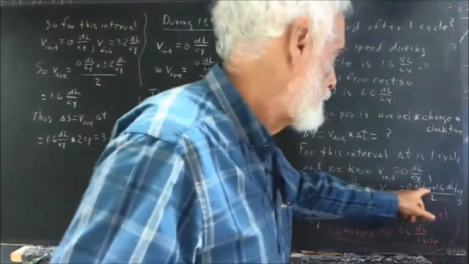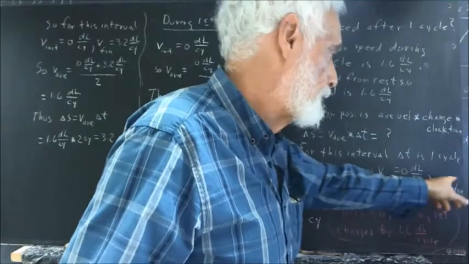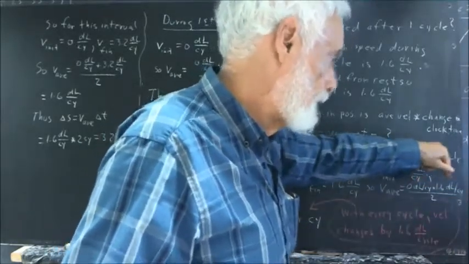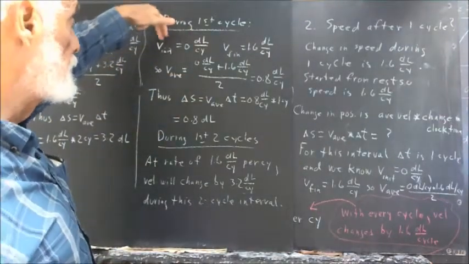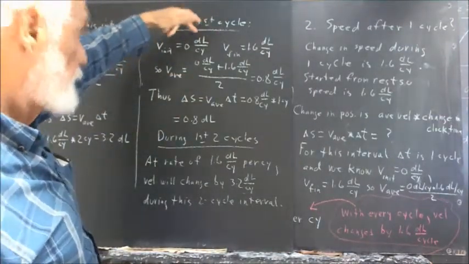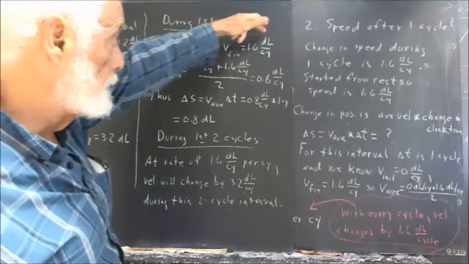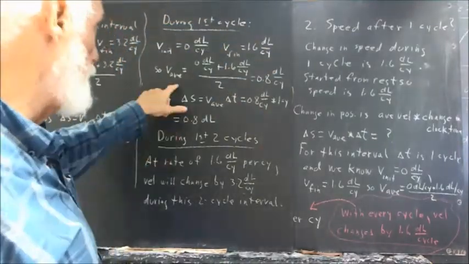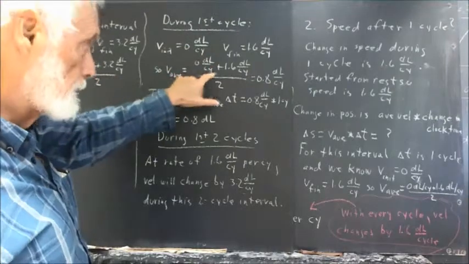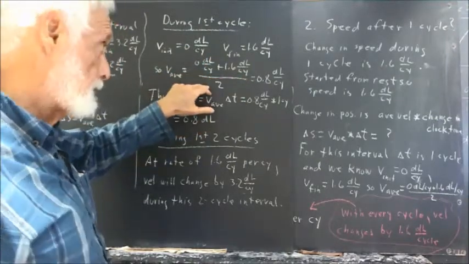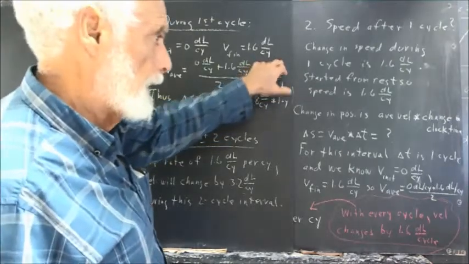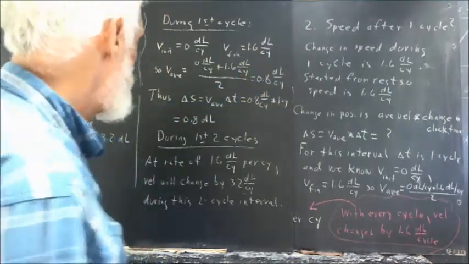So, the 0 nominal lengths per cycle plus 1.6 nominal lengths per cycle, initial plus final velocity divided by 2, gives us the average velocity. Okay, so during the first cycle, initial is 0 nominal lengths per cycle, final is 1.6 nominal lengths per cycle, so the average is 0 plus 1.6 divided by 2, which gives you 0.8 nominal lengths per cycle.